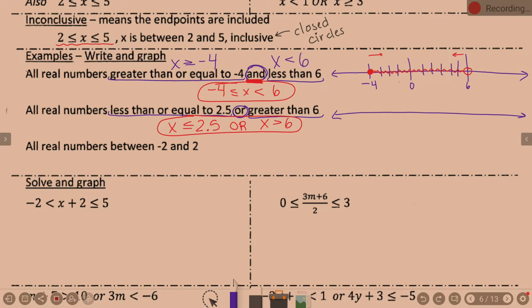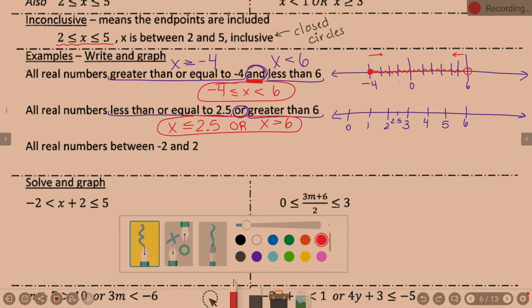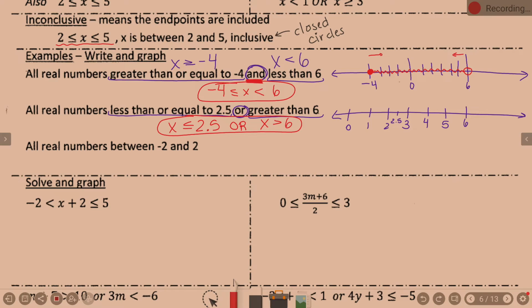So if I put 6 here, 5, 4, 3, 2, 1, 0. Where's 2.5 going to be? Middle of 2 and 3, right? I don't care how you set up your graph, as long as you're okay with the idea of what we're doing here.